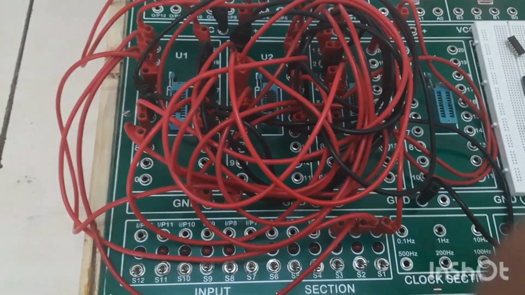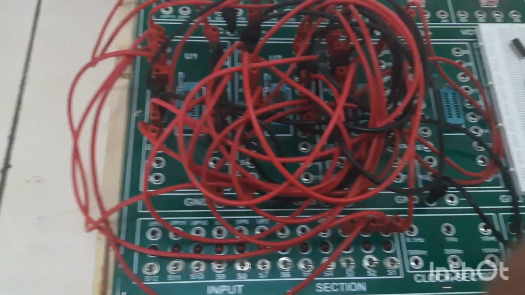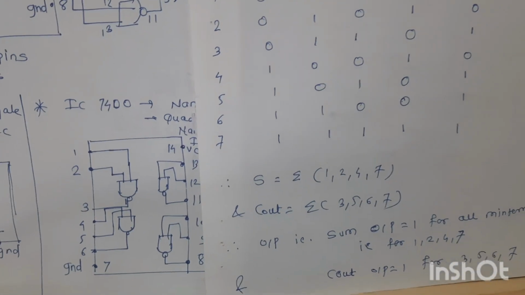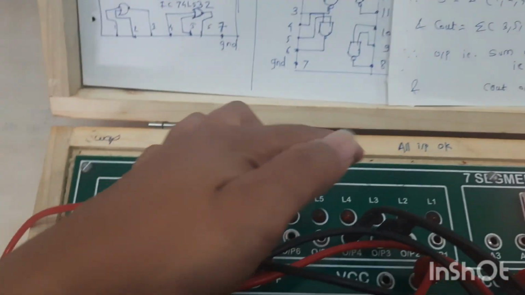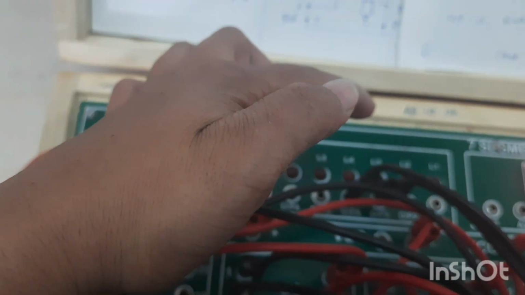All connections are over. Now we will see the outputs. For minterms 1, 2, 4, 7 we will get the output 1 at the sum, which is this pin number.